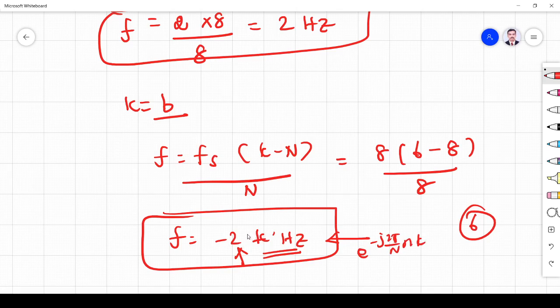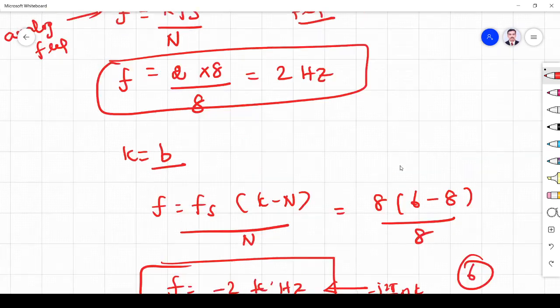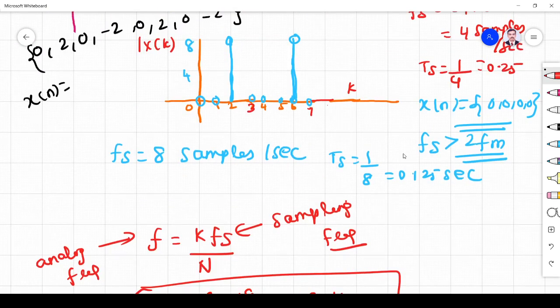Now if the student is taught in this way, I hope he will understand the beauty of the DFT. From this spectrum, he can say what the frequency of the analog signal is. That's what the Fourier transform is useful for: it gives the frequency of the signal.